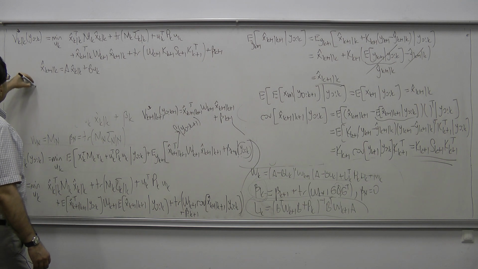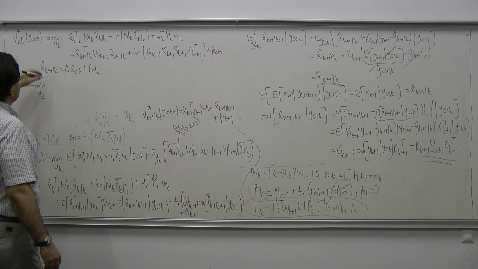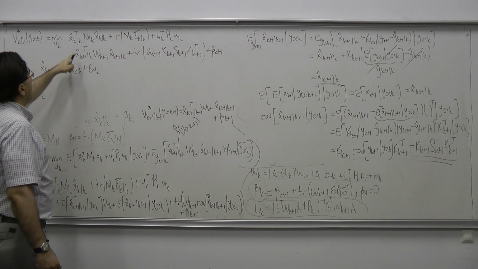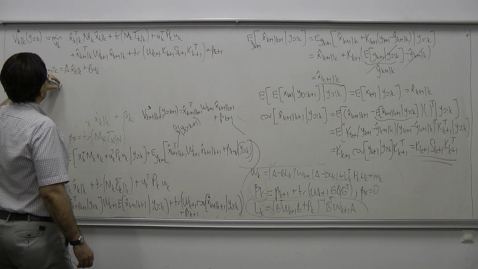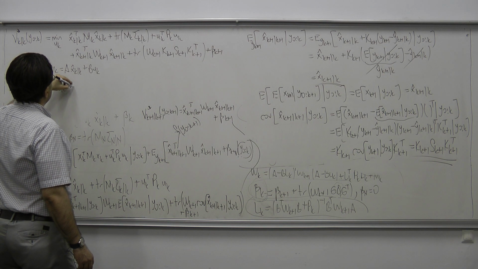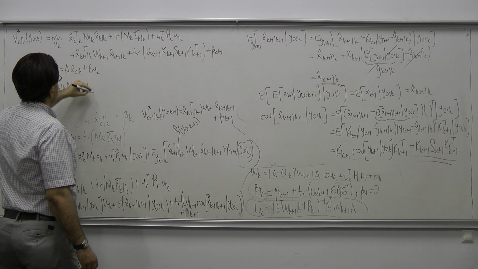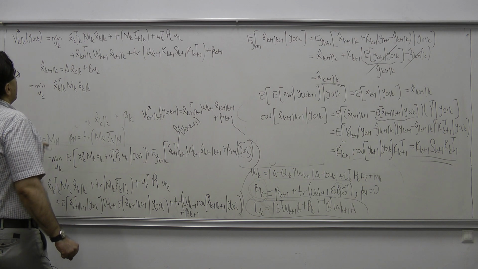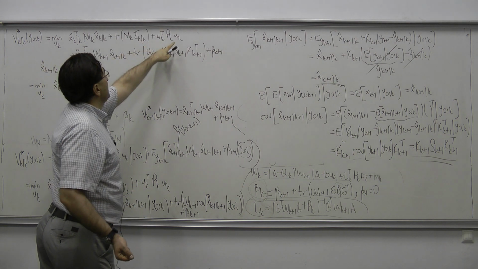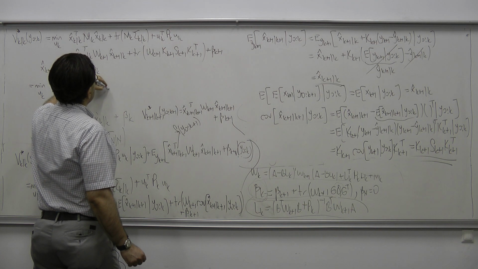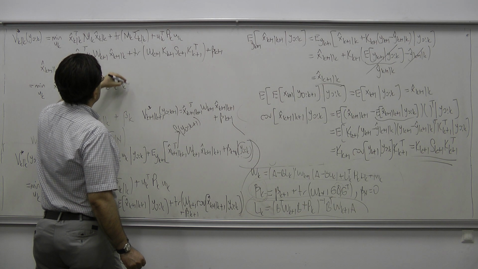That is equal to minimize uk, and let me write these terms. x at k given k transpose Mk x at k given k. So this term doesn't have any input in it. And then I will write this input related term, uk transpose Pk uk.